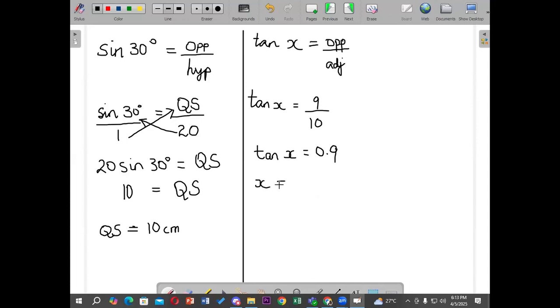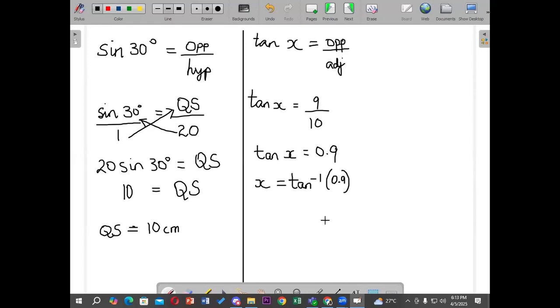And if we want to get a missing angle, we're going to use what we call the inverse trig functions. So the trig functions, as they are, they give us the ratios of the sides. But if I want to get a missing angle, I'm going to use my inverse trig function. So in order for me to get my inverse trig function on a calculator, I'm going to use my second function button.